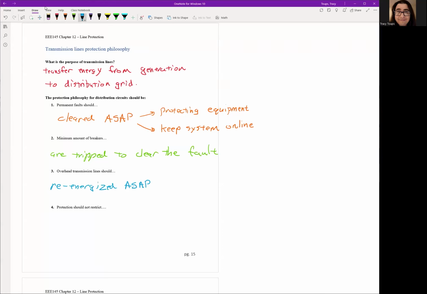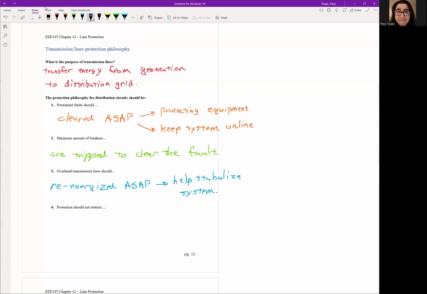So if we have a fault, if it's temporary, or a transmission line locked out when it shouldn't have, because we had a miscoordination, we need to re-energize that transmission line ASAP to try to help stabilize the system.